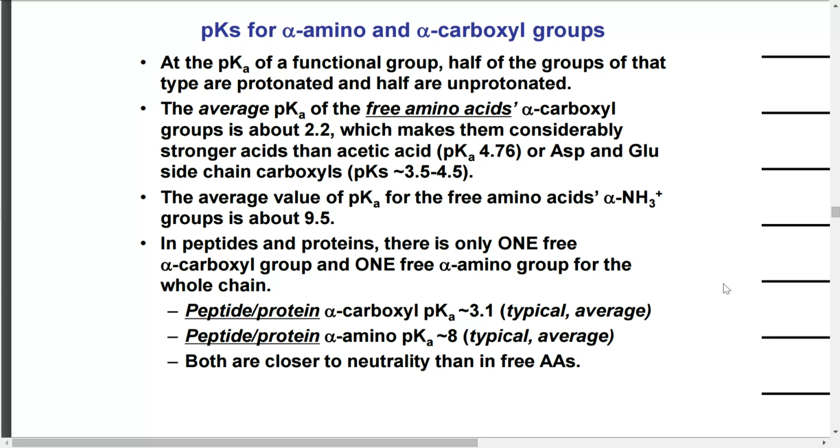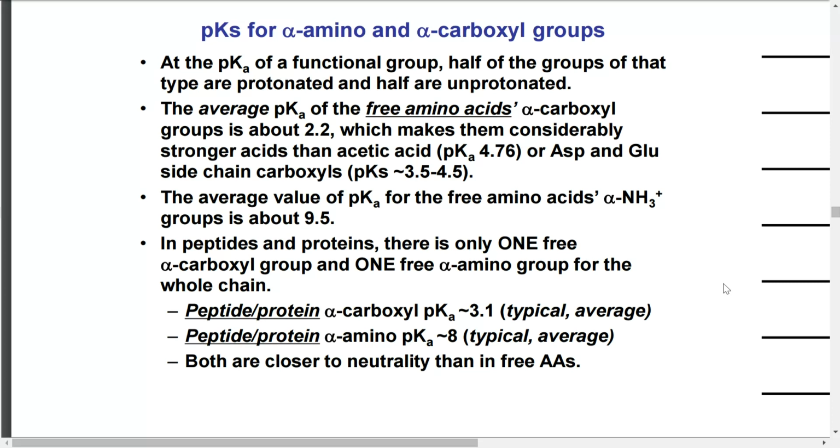So first the carboxyl group on the alpha carbon will go, then the R group will go, and then finally the NH3 will go. It will be in that particular sequence.